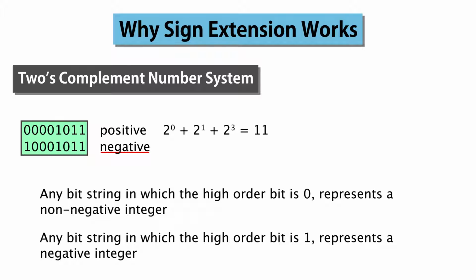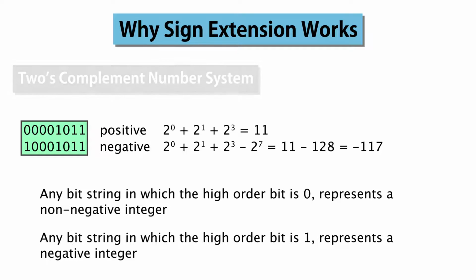Again, we use the standard positional notation, but the high-order bit, which is in the 7th bit position, has negative weight in this case. Hence, this represents 2 to the 0 plus 2 to the 1 plus 2 to the 3 minus 2 to the 7th, which is 11 minus 128, or minus 117.